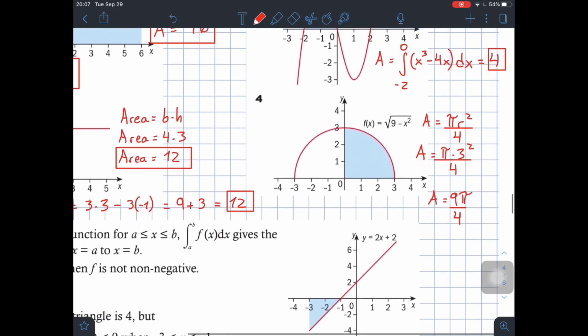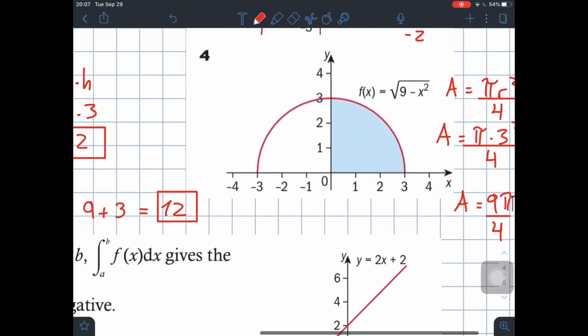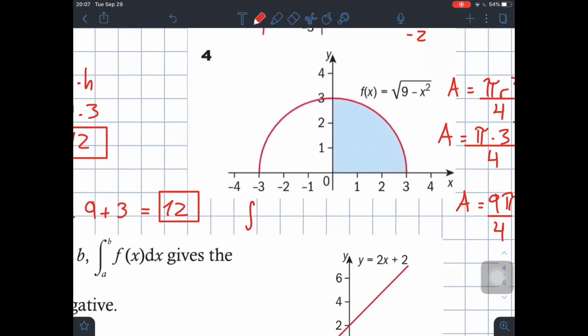And if we evaluate this using integrals, let's see if I can do it here. We're going to say that this is the integral from 0 to 3 of the function, which is the square root of 9 minus x squared, with respect to x.